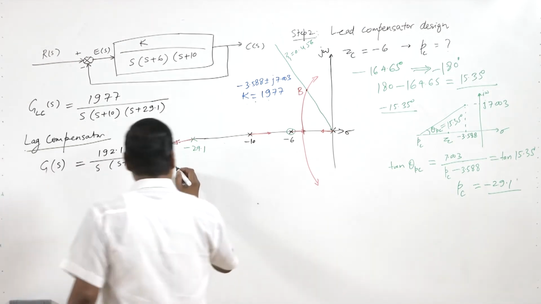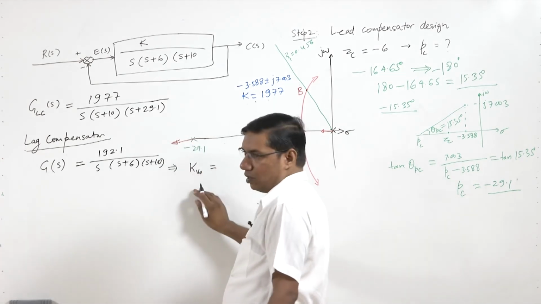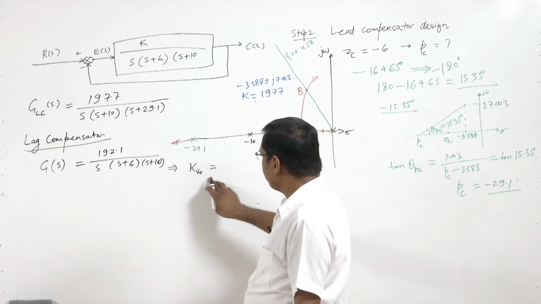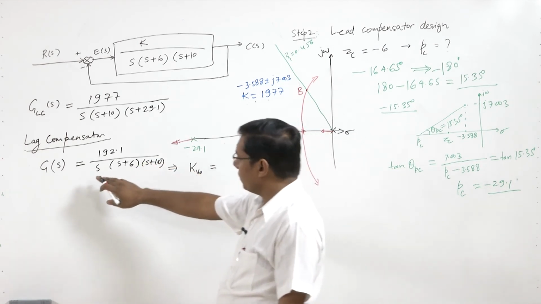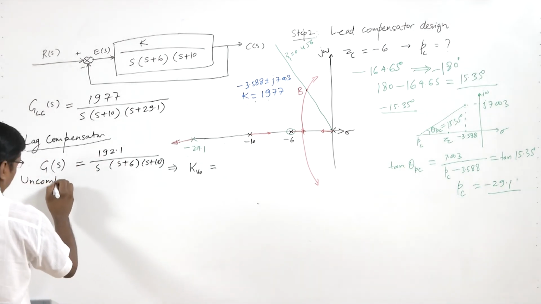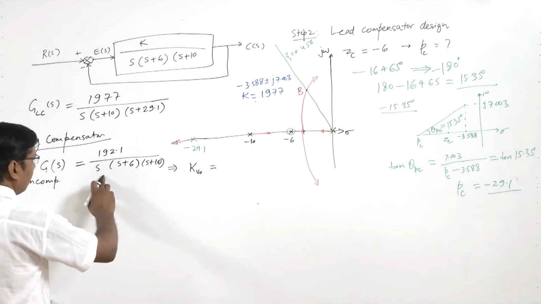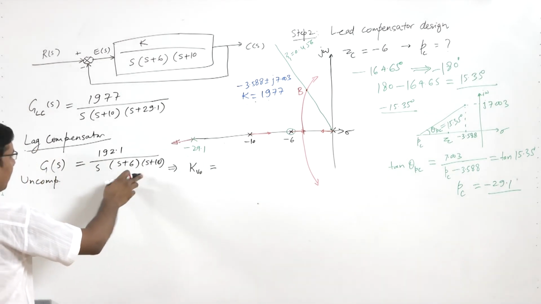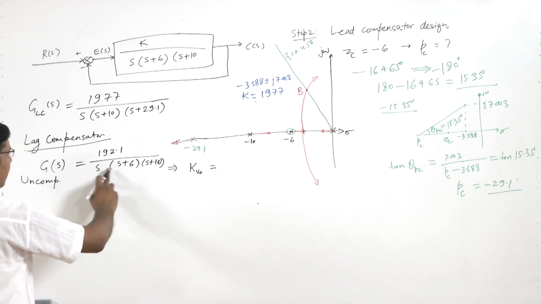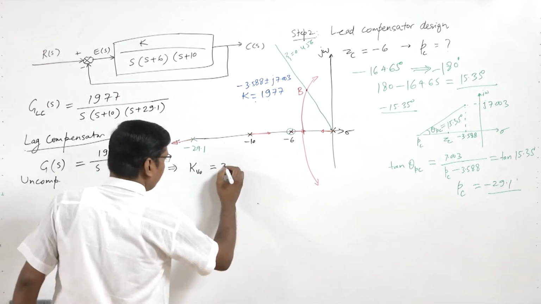And from here we can find KV0. So we say KV is the velocity static error constant and 0 is for the uncompensated system. This is uncompensated system. And when we calculate S tends to 0, we will get this 192.1 by here 60. So that is 3.2.